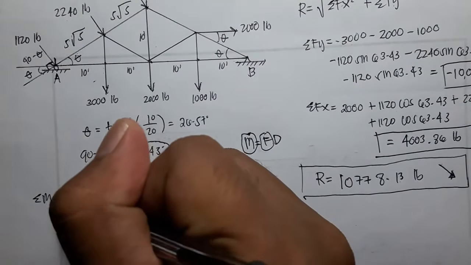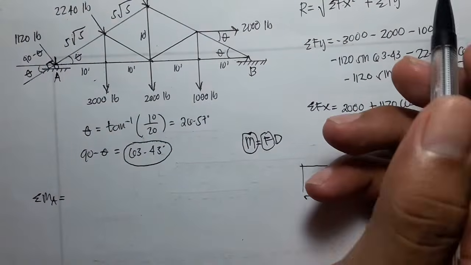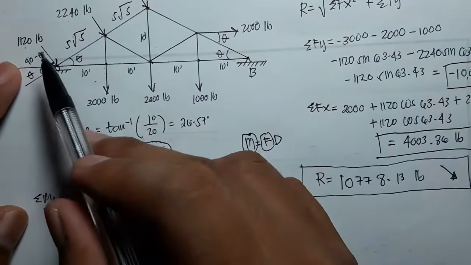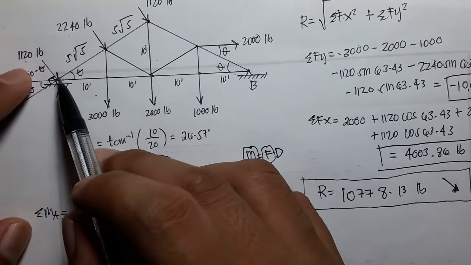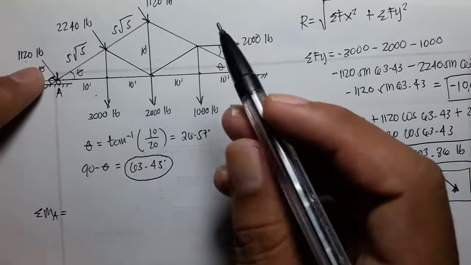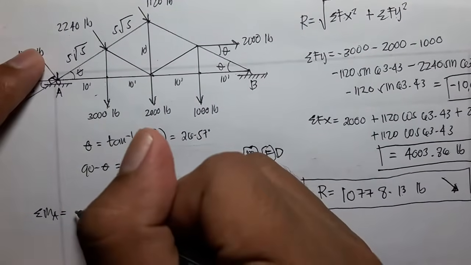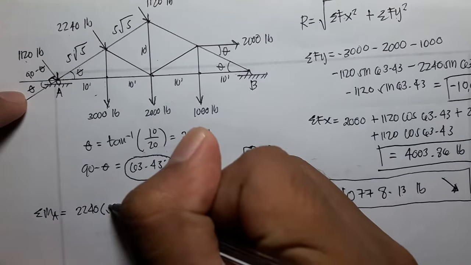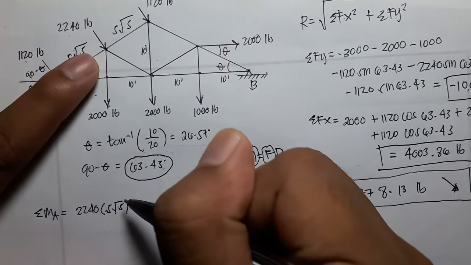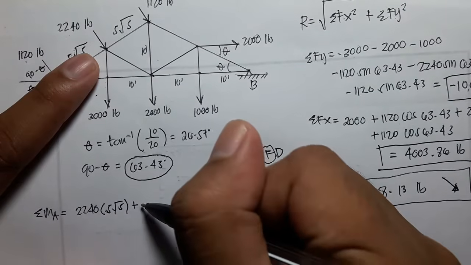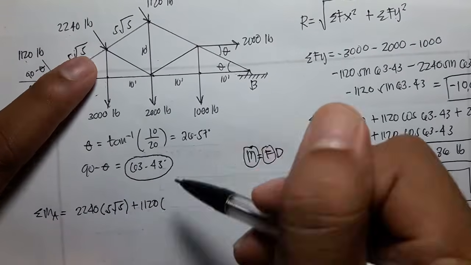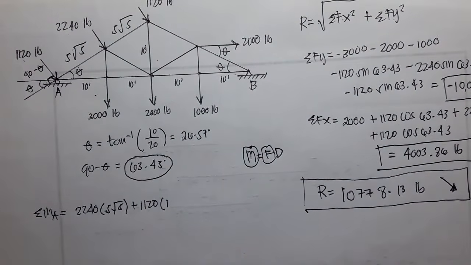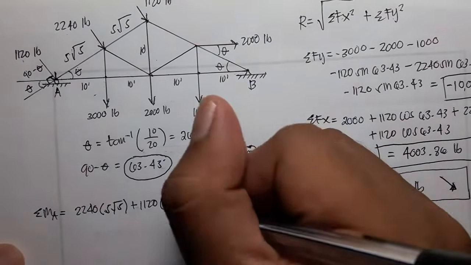Summing up moments at A is equal to, obviously this force becomes 0 because it is directly at the point where we sum up moments. So 0, then 2,240 positive times 5 square root of 5 plus 1120 times, this is 10 square root of 5.